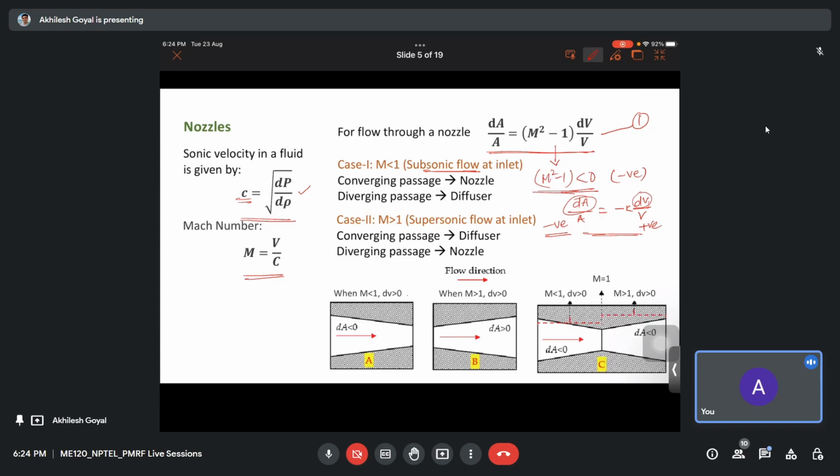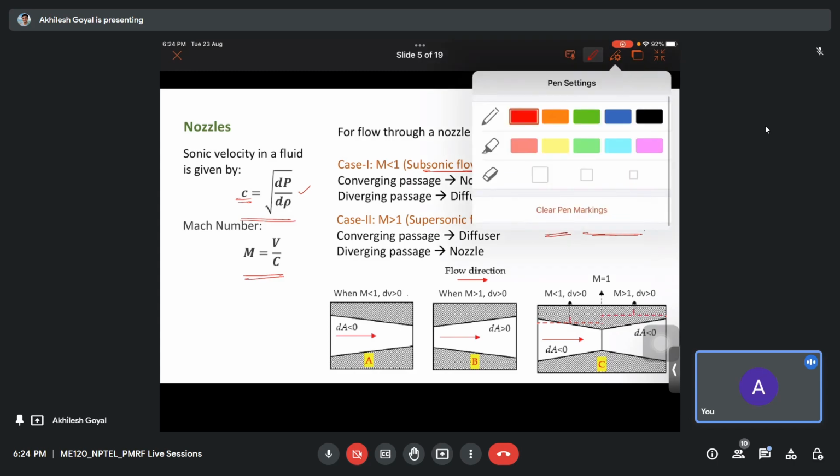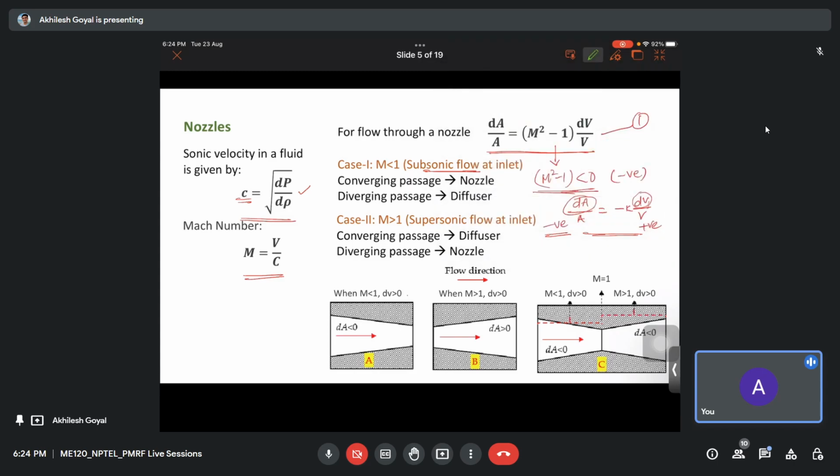Now we see the second case. So the second case is when the value of M is greater than 1, means the velocity of fluid is higher than the sonic velocity, that is called supersonic flow.